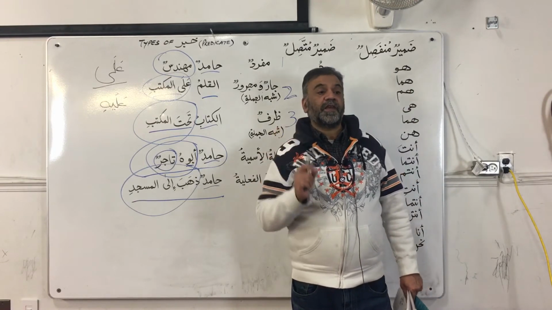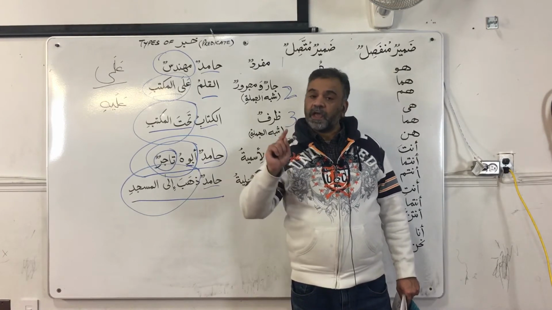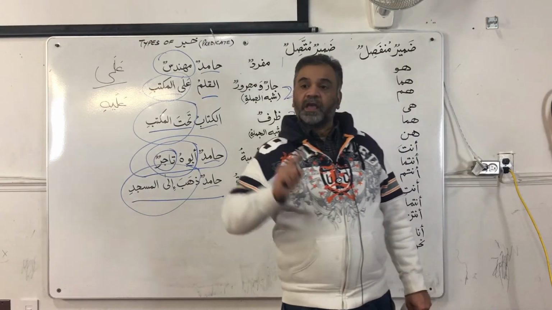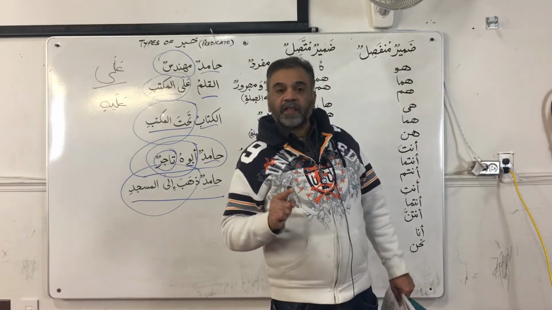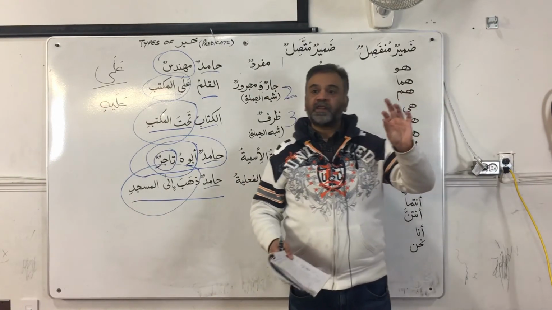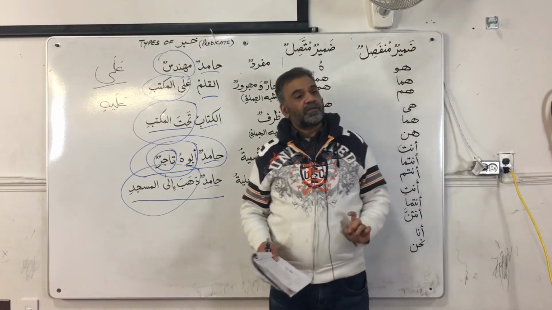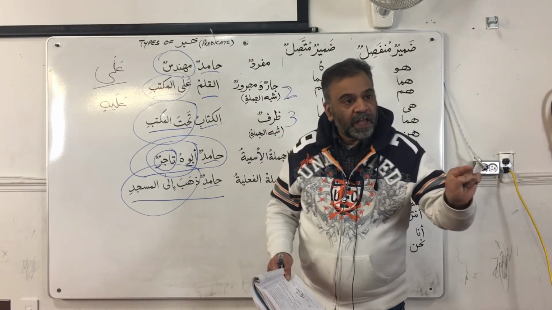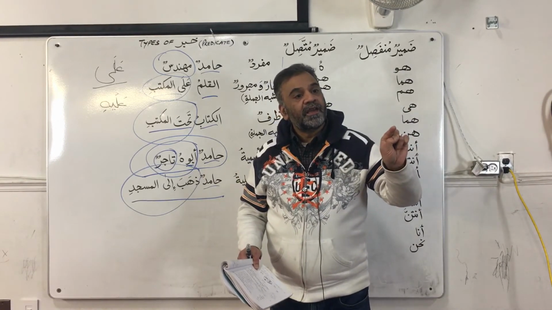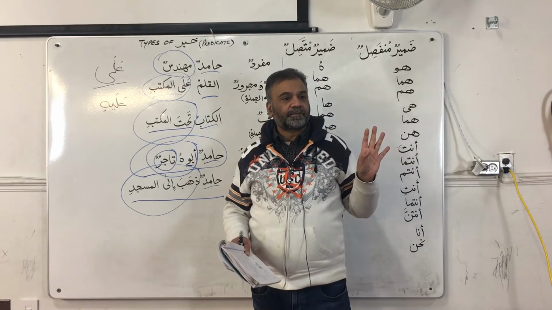So, in a jumla failure, if there is a noun and that noun is marfu, whether it comes right after the fail or in the middle of the sentence or at the end of the sentence, you close your eyes, you put your finger on that ism and you say, this is my file. This is as simple as that.